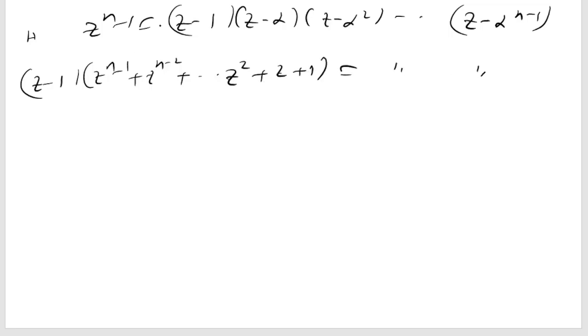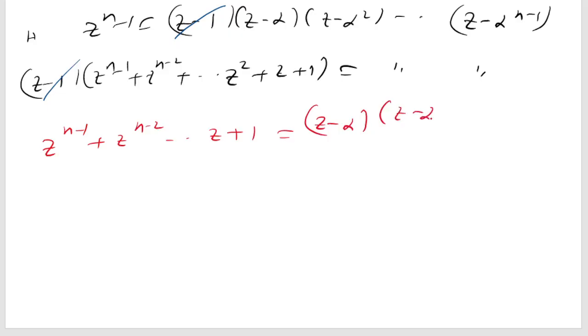So z minus 1 and z minus 1 get cancelled, and I will get a very important identity, that is z^(n-1) plus z^(n-2) up to z plus 1 is nothing but (z minus alpha)(z minus alpha square) up to (z minus alpha^(n-1)). That is a very interesting result.